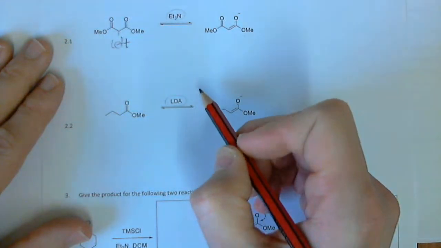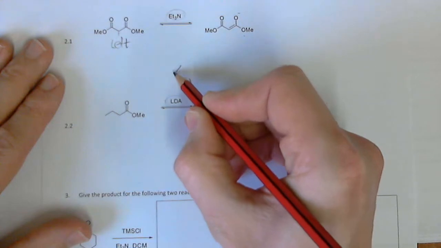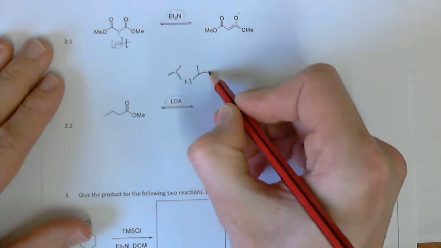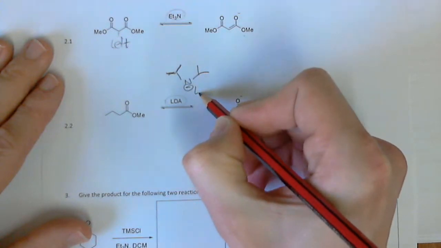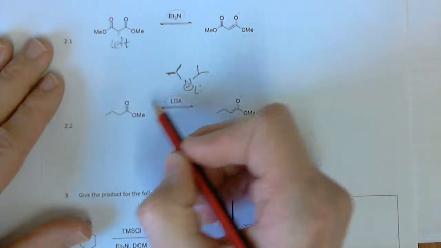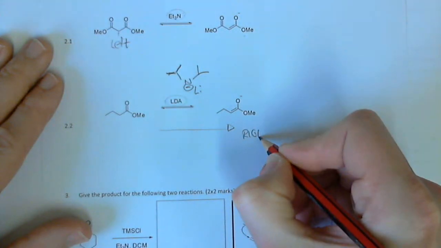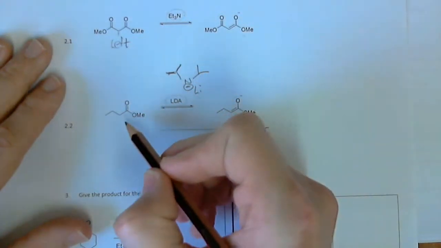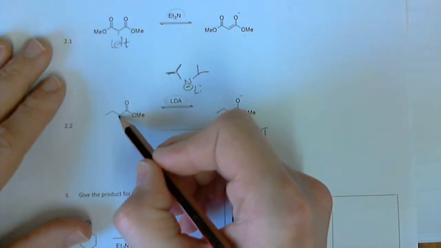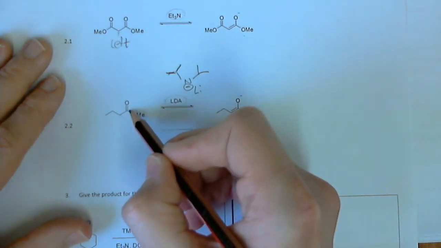LDA, you should know, because we use this a lot, and I have emphasized this in the lectures, that lithium diisopropylamide is a very, very strong base. That will shift the equilibrium over to the right, very definitely, because it is much stronger than the pKa values of protons alpha to a carbonyl.